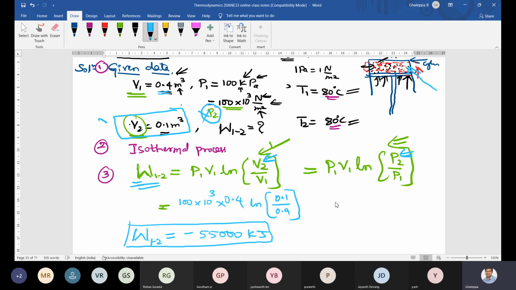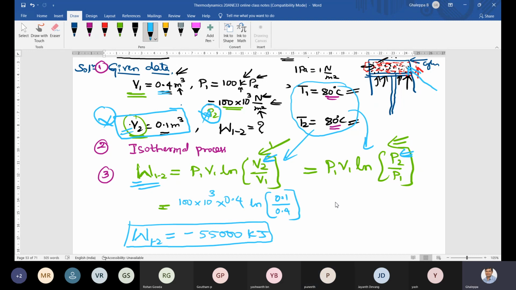What I am saying is V2 is not given. Assume P2 is also not given. How will you calculate V2 or how will you calculate P2? Using this data. This data is given, but we have not used this data either in this equation or in this equation because volume is given directly.